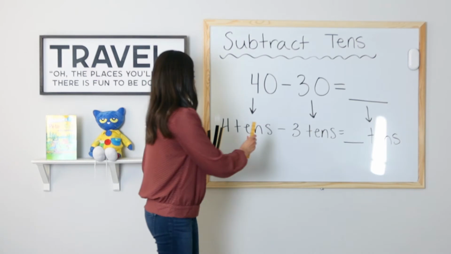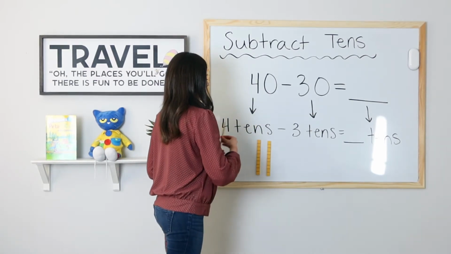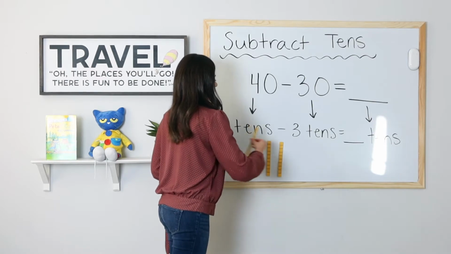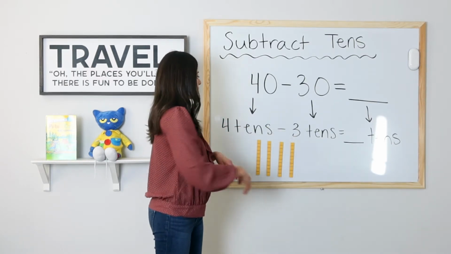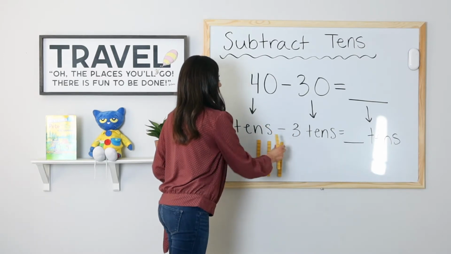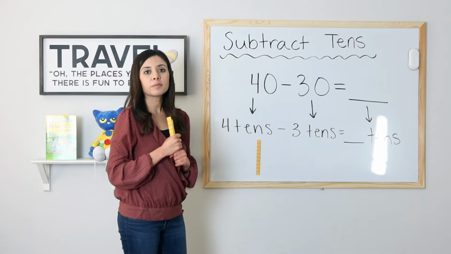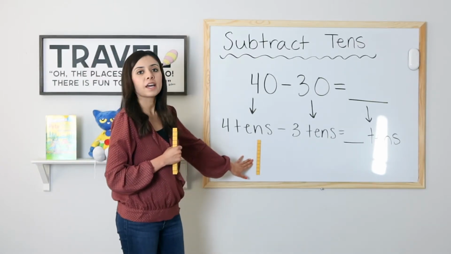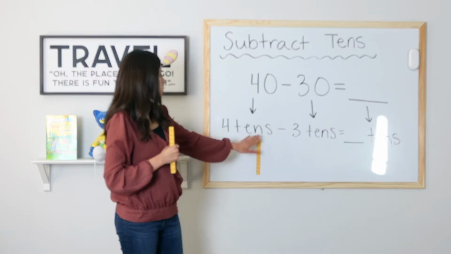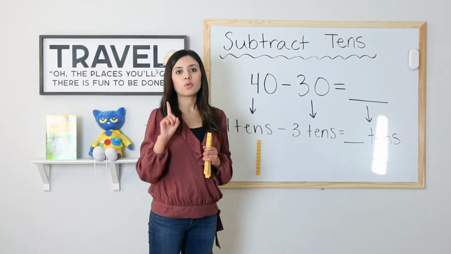Ready? 1 ten, 2 tens, 3 tens, 4 tens. Take away 3 tens: 1 ten, 2 tens, 3 tens. How many tens do I have left? 1. I have 1 ten left. So 4 tens minus 3 tens equals 1 ten.